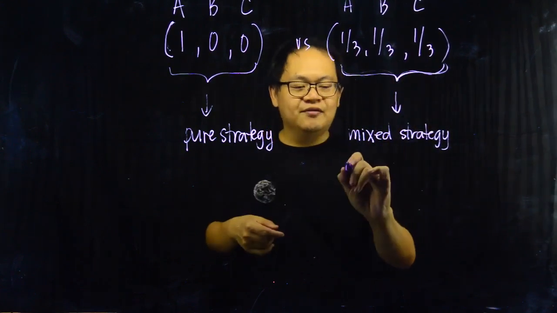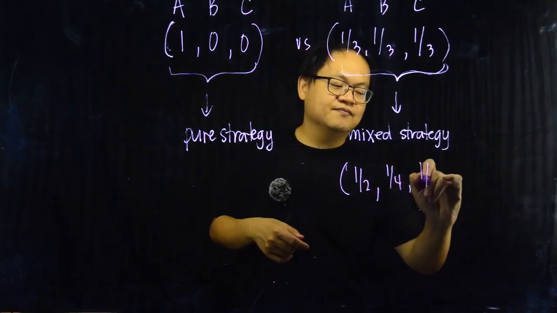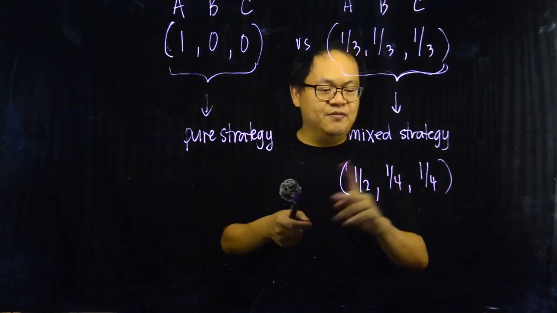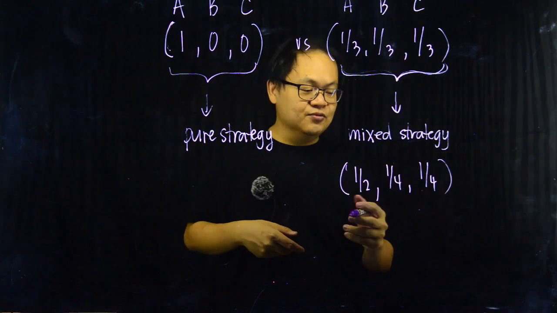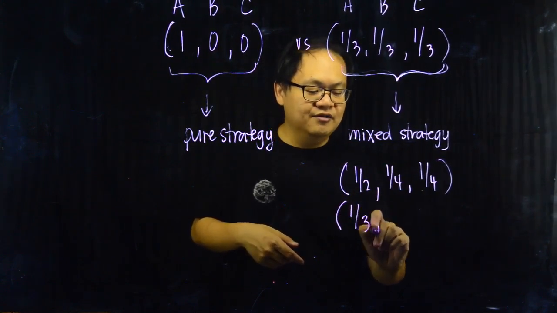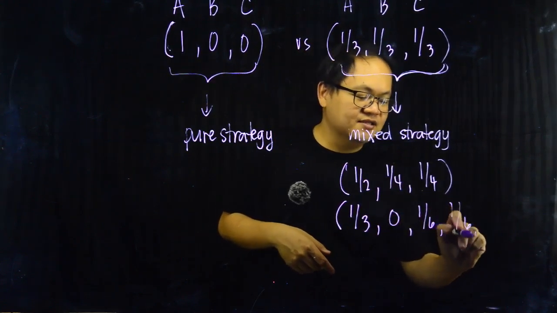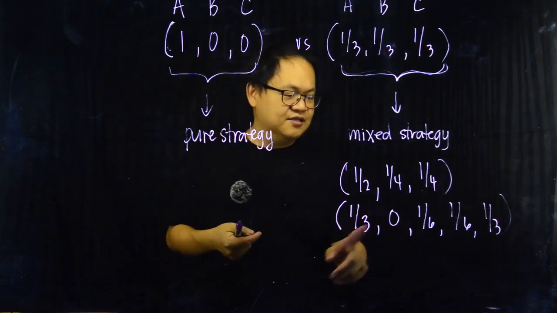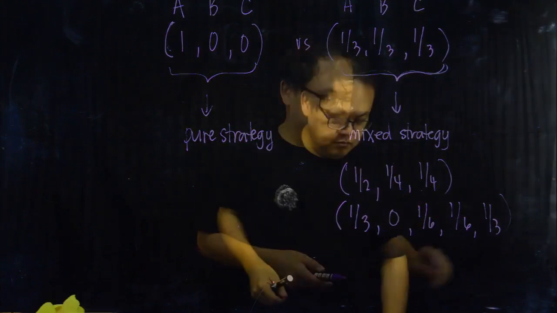So for example, one possible mixed strategy looks like this: 1/2, 1/2, 1/4, 1/4. Why? Because the sum of the strategy is equal to 1. Again, 1/3, 0, 1/6, 1/6, 1/3. This is again a possible mixed strategy. Again, why? Because the sum is equal to 1.